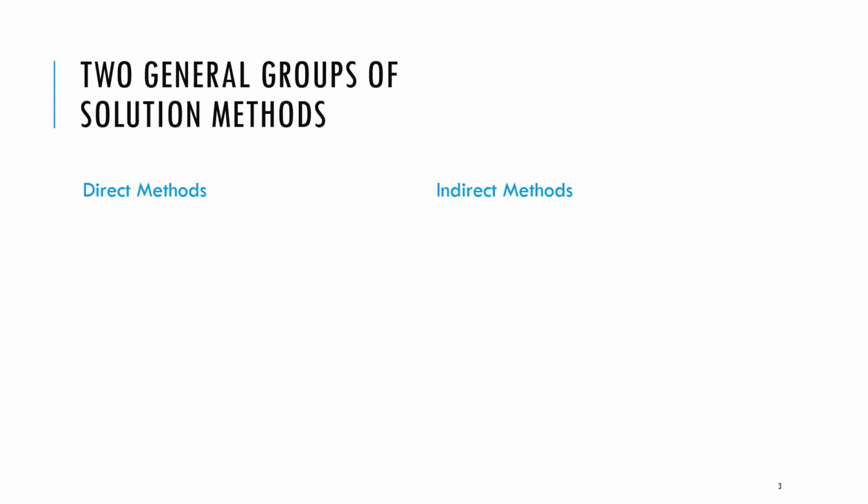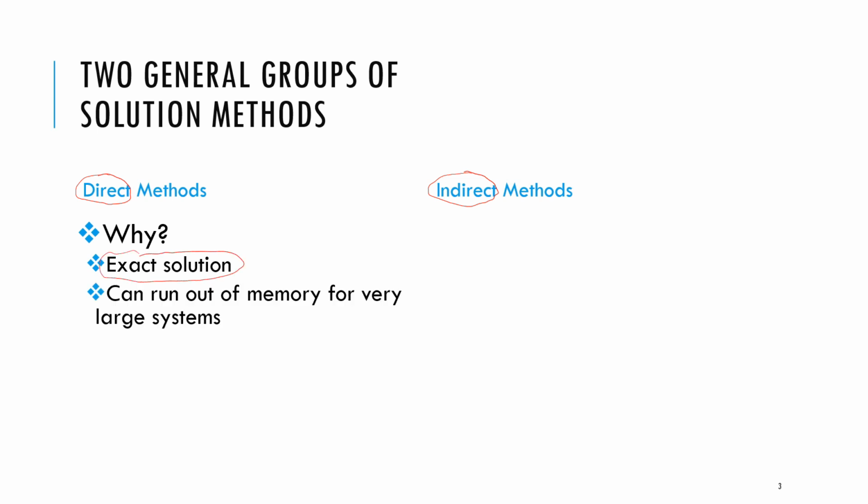So there are two general groups of solution methods. One is a direct method and the other one is indirect. In direct methods, we solve the equations exactly, and the characteristic of it is it needs more memory.